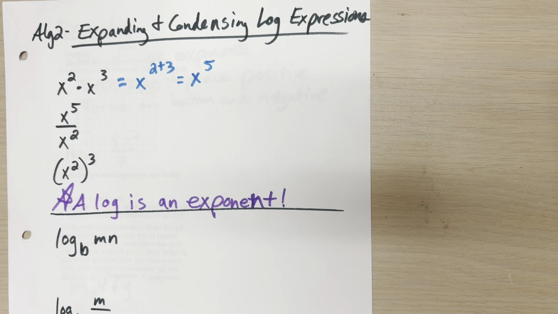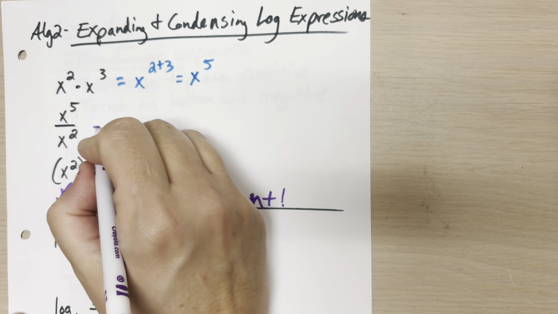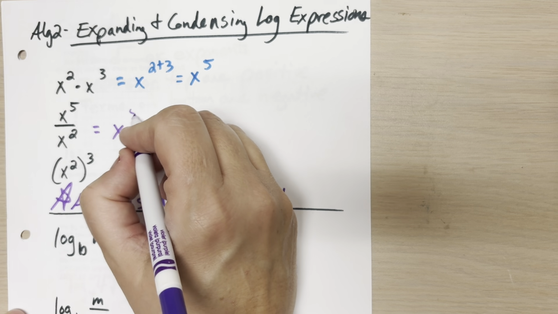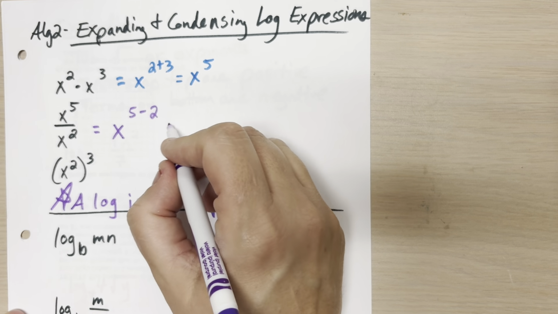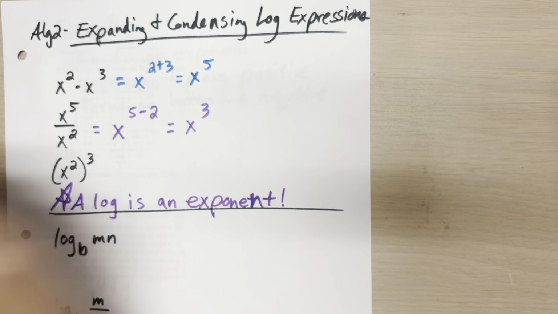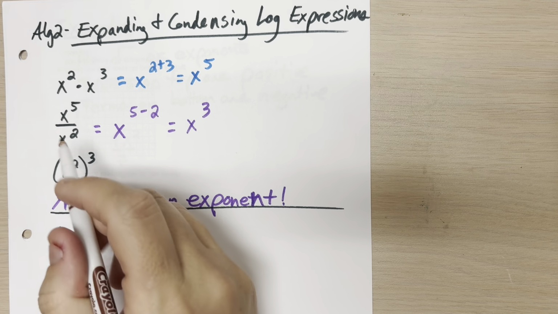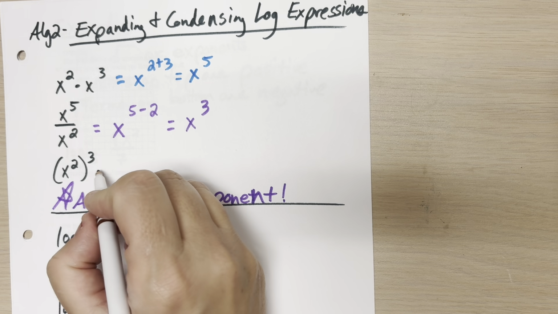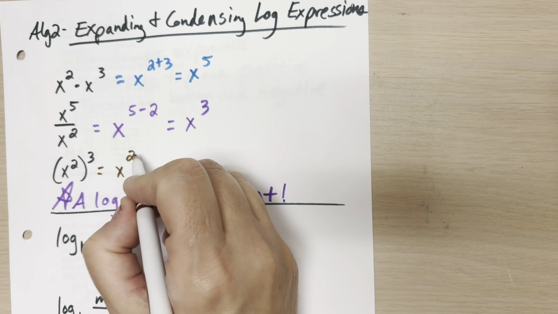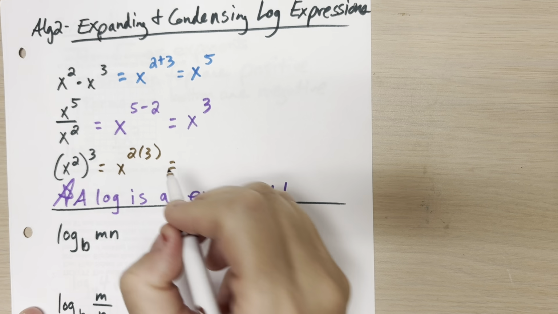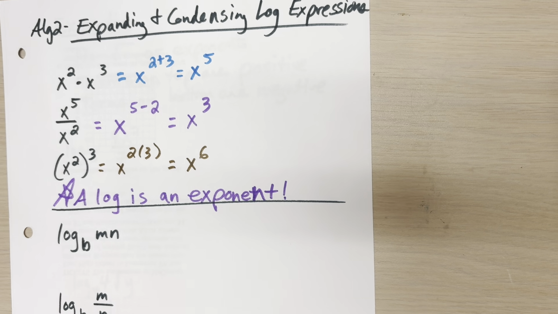When I'm dividing two expressions with the same base, I keep the base and subtract the exponents. 5 minus 2 is 3. And finally, if I'm raising a power to a power, I keep the base and multiply the exponents. Okay, so x to the sixth.